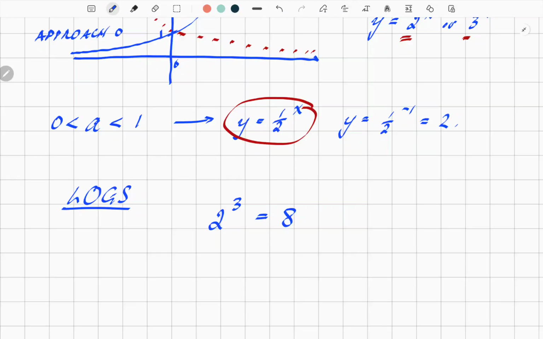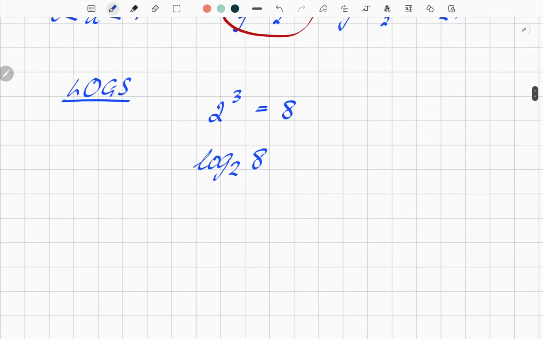What effectively a log says is, for example, if I were to say, what is log 2 of 8, and it's written like this, log 2 of 8? That expression in plain English means this.